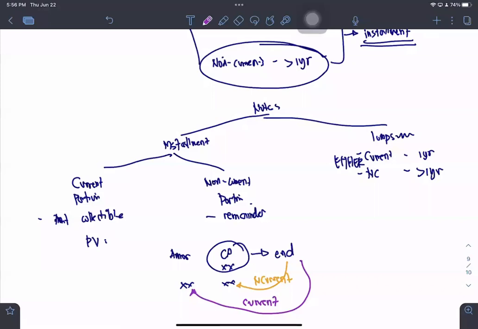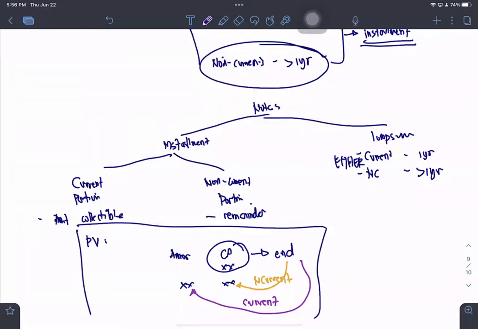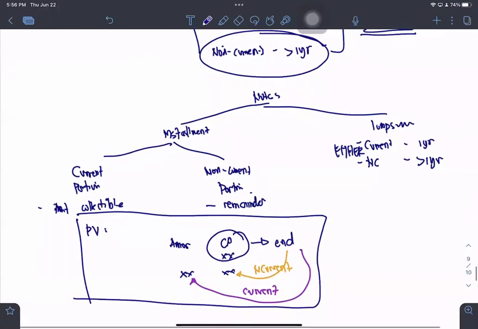Okay? If you have PV and you need to divide it as current and non-current, let's say this is December 31 year 1, and then December 31 year 2. So this is the carrying amount on December 31 year 1, right? To divide that as current and non-current, the next carrying amount is non-current and the amortization is current, if it is installment.